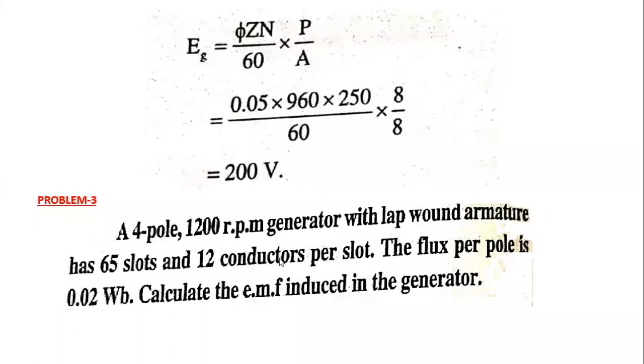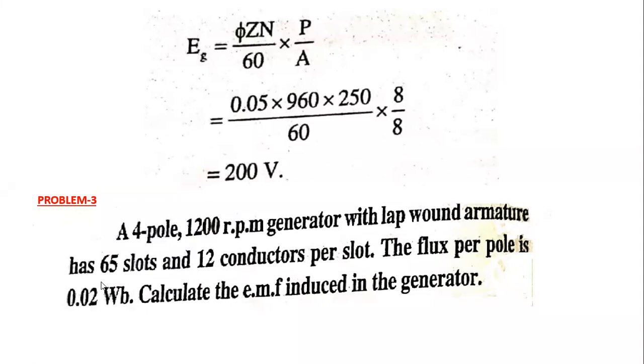Conductor is indicated by Z. Therefore, Z is equal to 65 into 12. Why? Because we are multiplying by 12, as there are 12 conductors per slot.